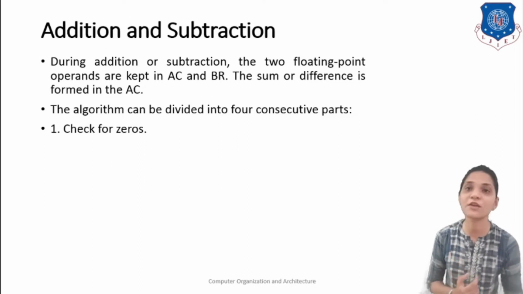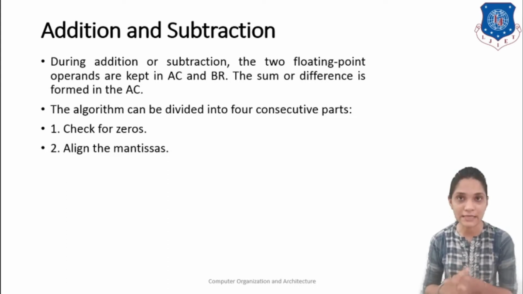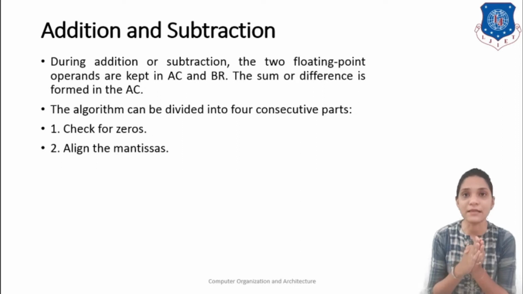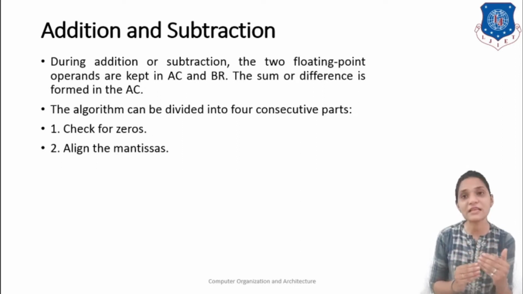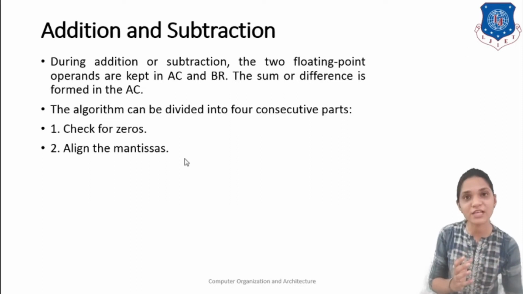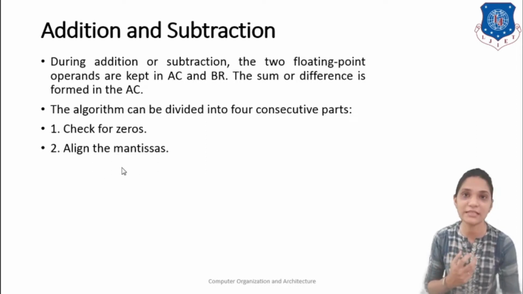Then we will have to align the mantissa. That means your exponents should be the same. For addition or subtraction operation, your exponents should be the same, then and only then you can add the mantissa. So you have to check the exponents whether they are equal or not, and then depending upon that you have to align the mantissa.